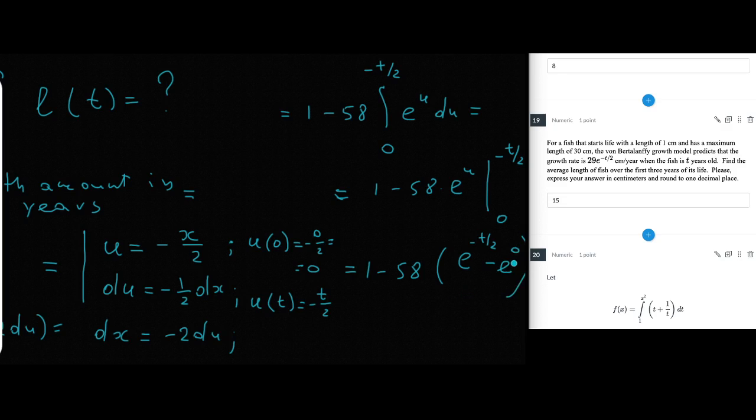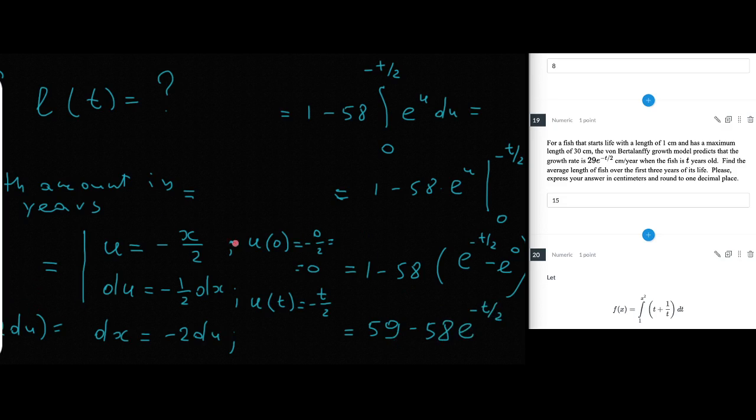E to the power 0 is 1, and so putting all of this together, we're going to get the following formula for the length of fish at the moment of time t since birth: 59 minus 58 e to the power negative t/2. Where does the 59 come from?